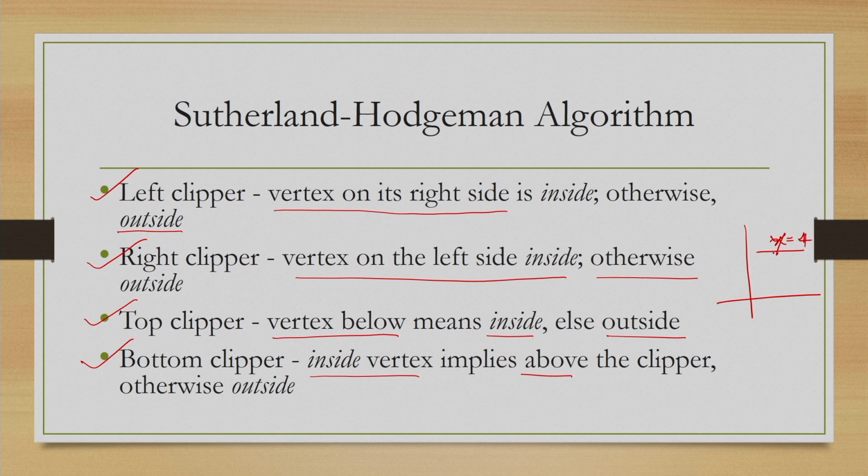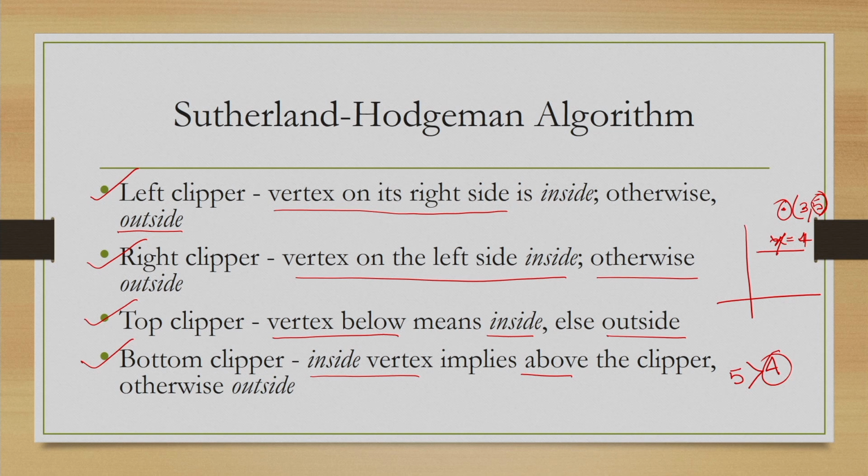Now, suppose a point is denoted by 3, 5. Now, we check the y value of the point, that is 5. Clearly, 5 is greater than 4, which is the y value of the top boundary. Then we can say that this point is outside, because it is above the clipper.